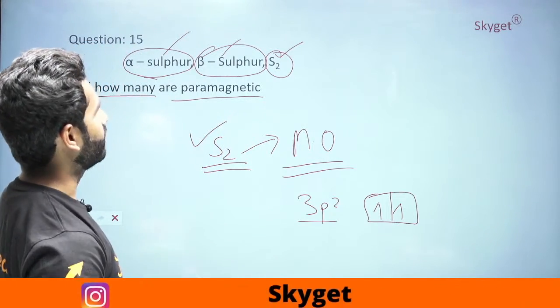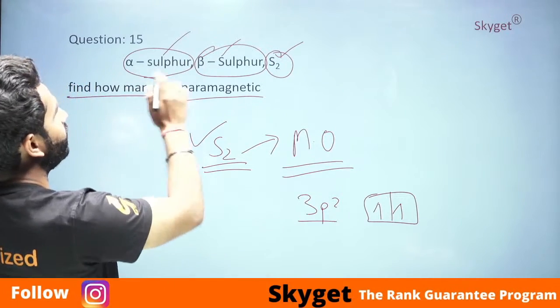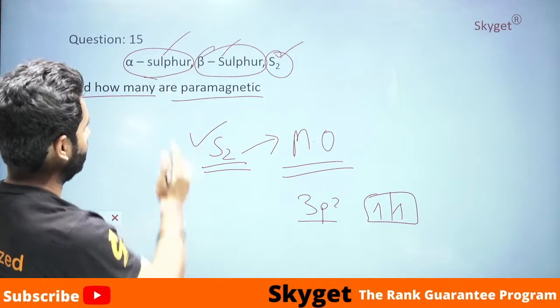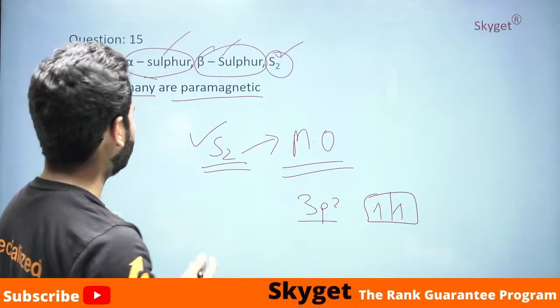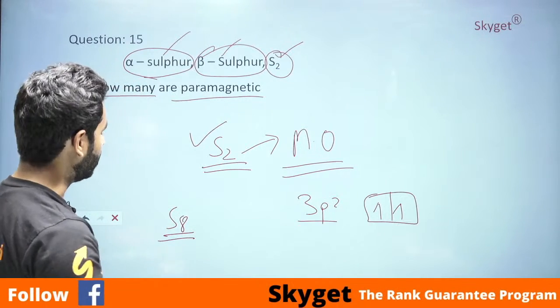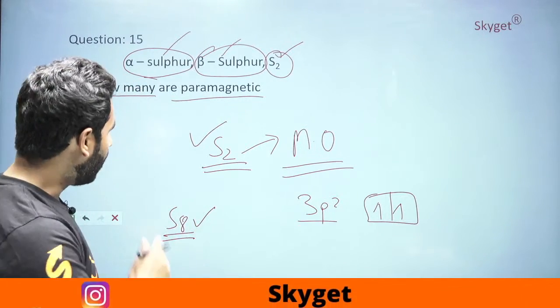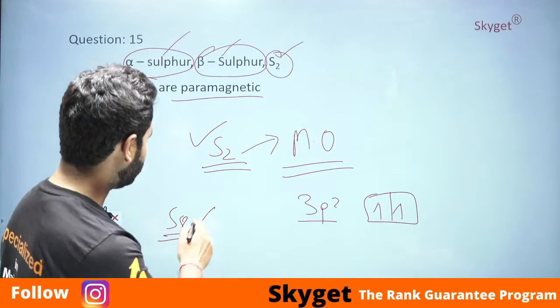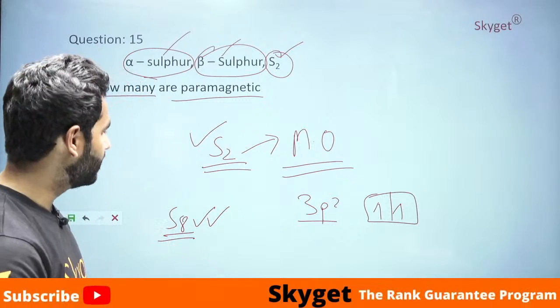This is paramagnetic. Now in the case of alpha sulfur and beta sulfur, these are cyclic compounds, so we can say S8 compound which forms ring structures. Now these are very stable and all of the orbitals in the S8 ring are completely filled and in pairs.